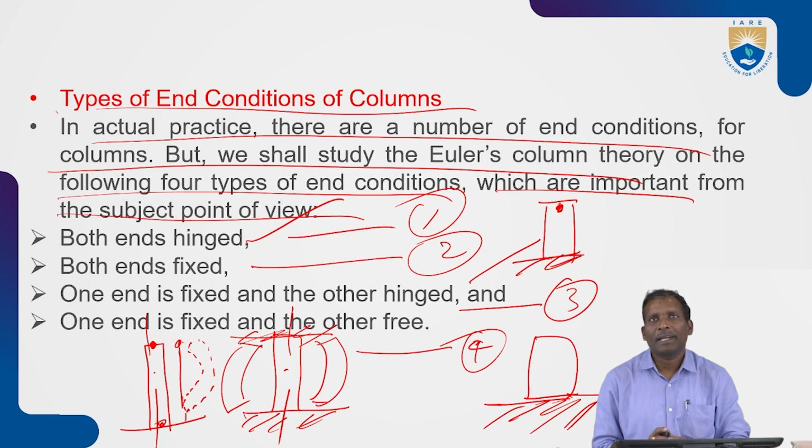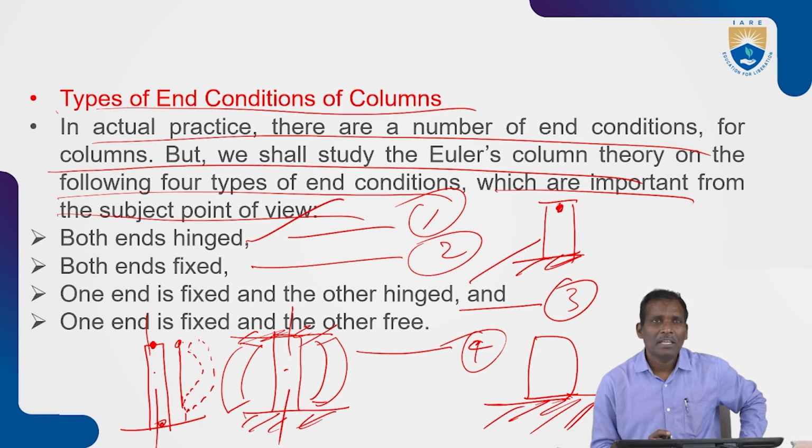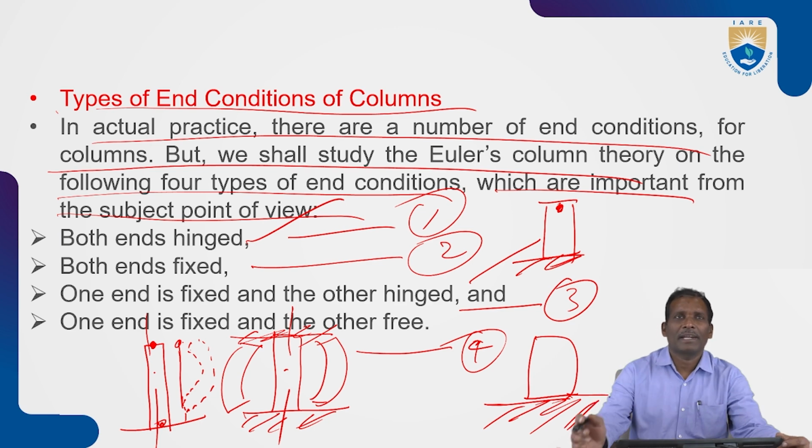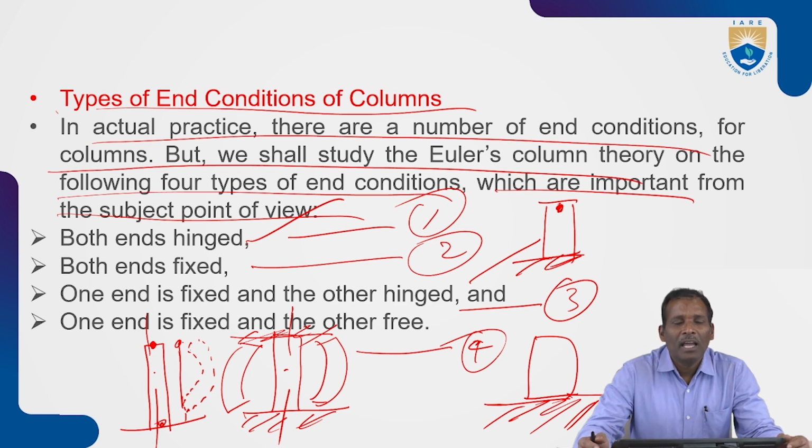So these are the types of end conditions of a column. According to these end conditions, you have to derive Euler's formula. Euler's formula is derived for buckling loads. So how do you calculate the buckling load for a column?